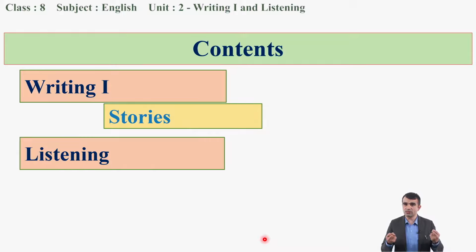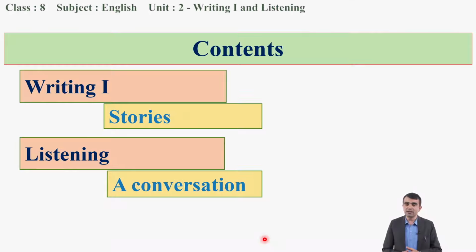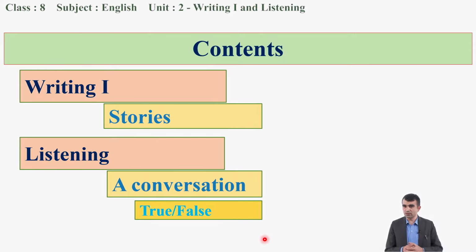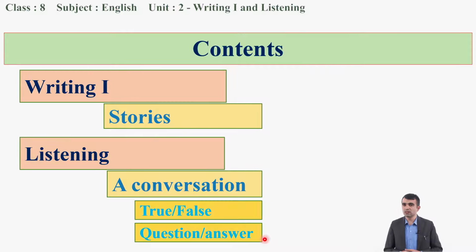We will try writing short stories. And in listening, we will listen to a conversation, and based on the conversation, there are some questions or, let's say, statements. We'll try writing true or false. Identify the statements, and then next we will write short answers to the questions given in your book.